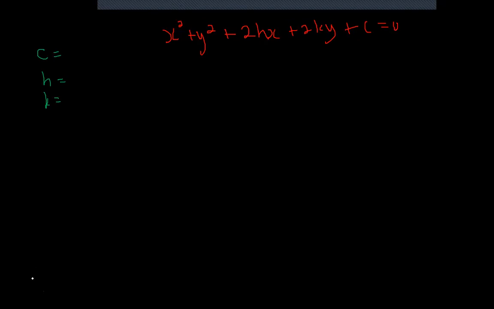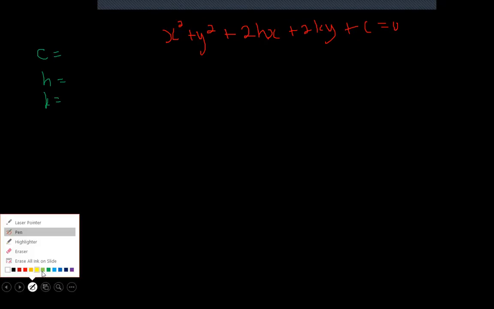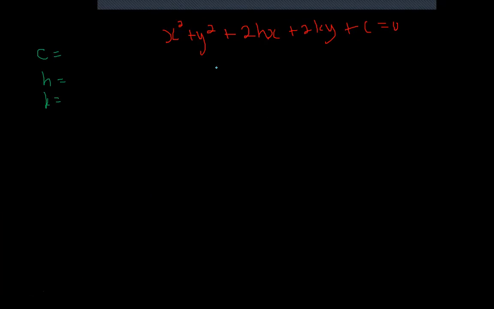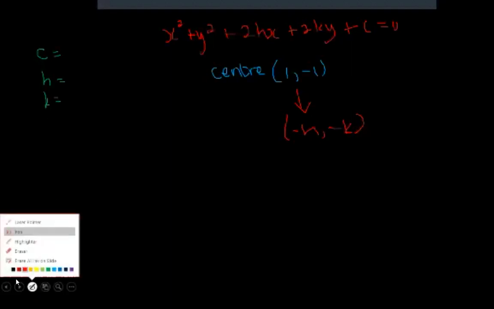And you could do that by saying the center of the circle is 1, minus 1. But we know that the coordinates of the center are in the form minus h comma minus k. But we don't want minus h and minus k. We want h and we want k.